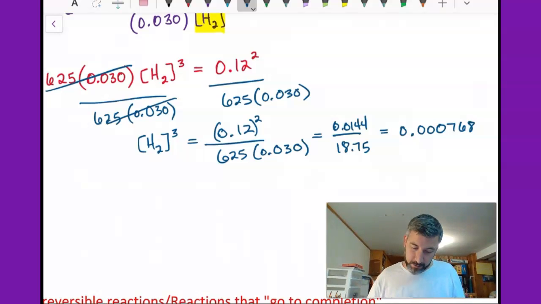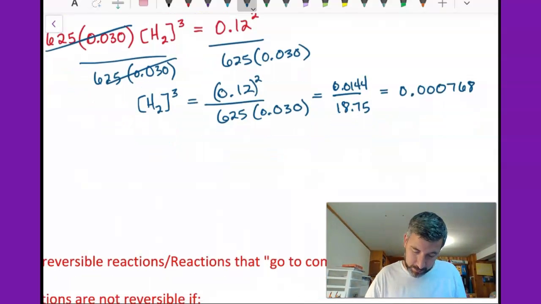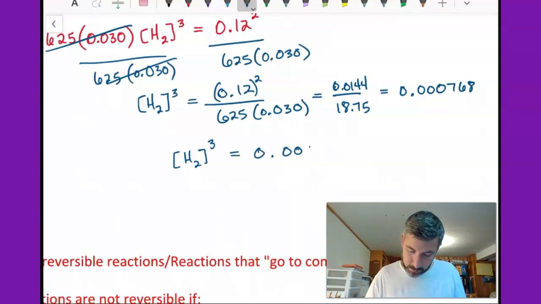And then all we have to do to find the concentration of hydrogen is take the cube root, right? So right now we have H2 concentration cubed equals 0.000768.